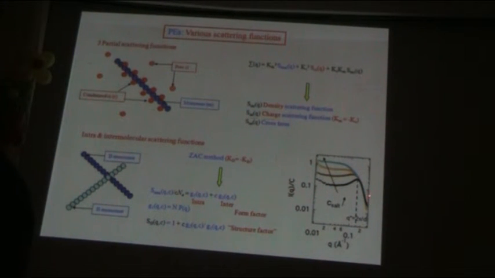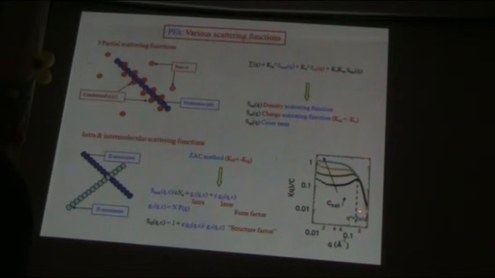Here you have the scattering from polyelectrolyte solutions. If you have no added salt, you will observe a maximum here. If you add salt, of course you screen the electrostatic interaction between the monomers and between the macromolecules and the macroion. In this case, this peak disappears. Okay?